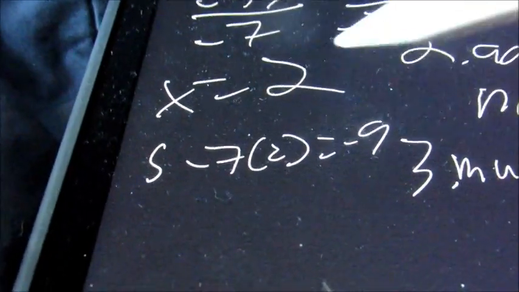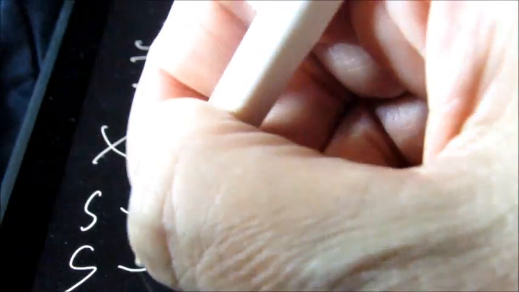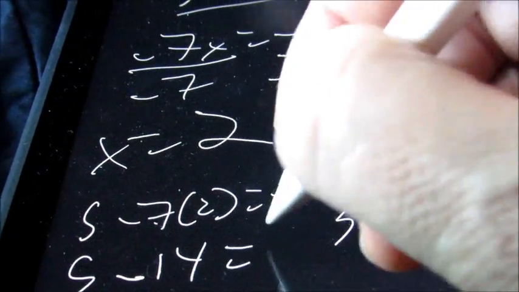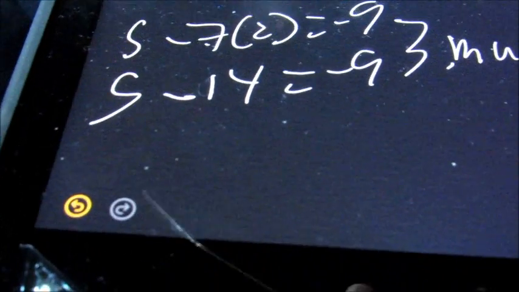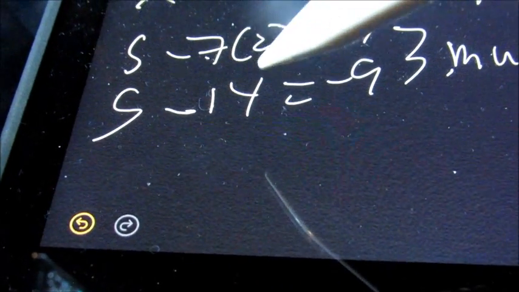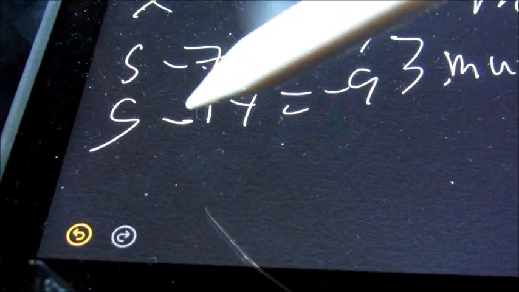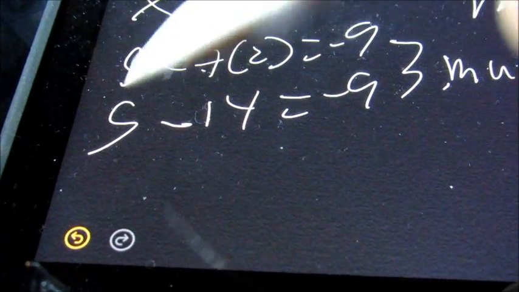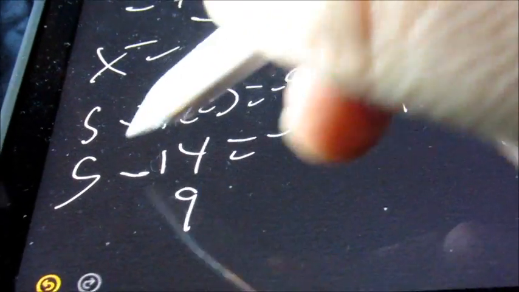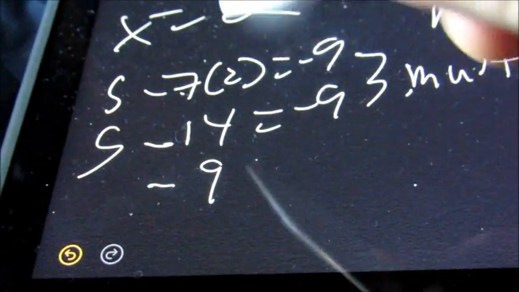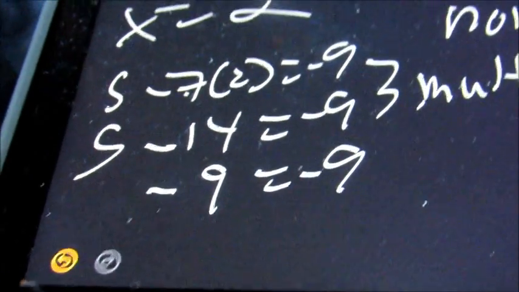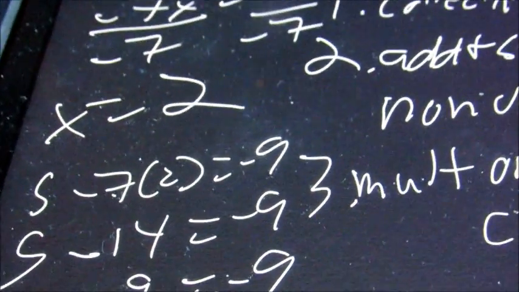We do the multiplication first, so negative 7 times 2 is going to be minus 14. We have opposite signs here, so we're going to subtract, big number minus small number, and keep the sign of the big number. So 14 minus 5 is 9. Keep the negative with the 14, so we have negative 9 equals negative 9, and we got that right.